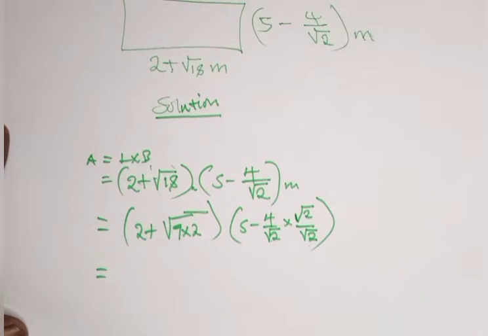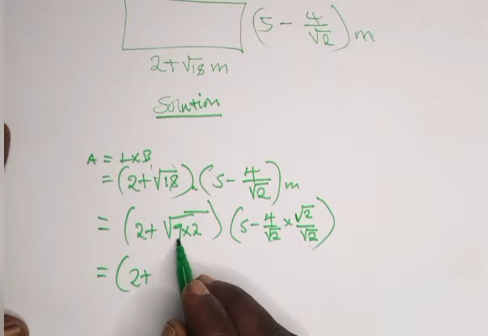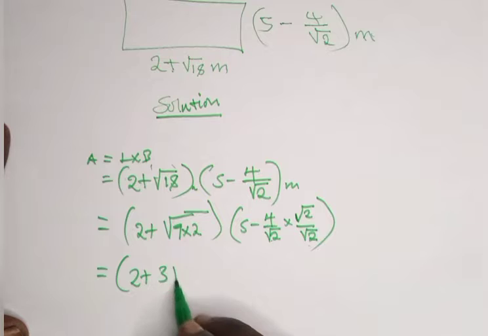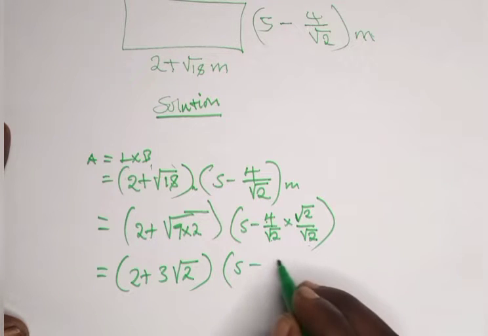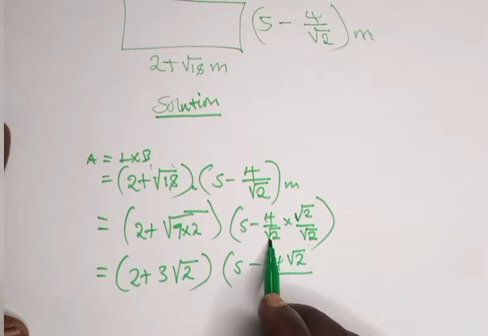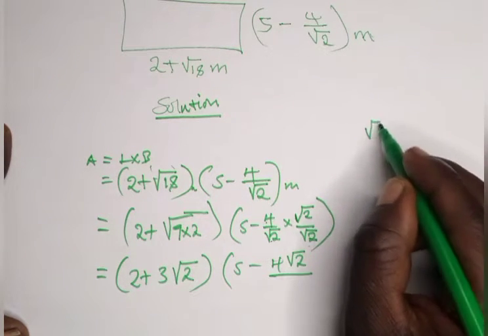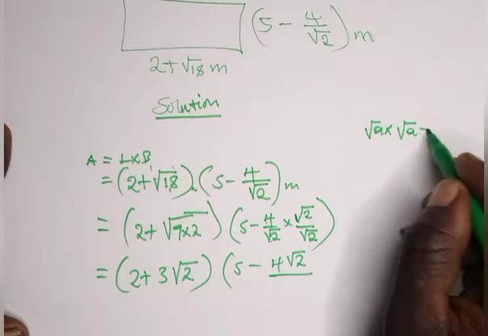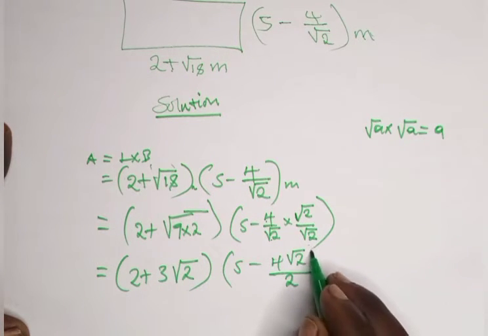This equals open bracket 2 plus square root of 9, which is 3, and the square root of 2 we don't have, so we leave it as square root 2, close, open bracket 5 minus 4 root 2 over 2. Remember, root 2 times root 2 is 2, the same as root a times root a equals a.